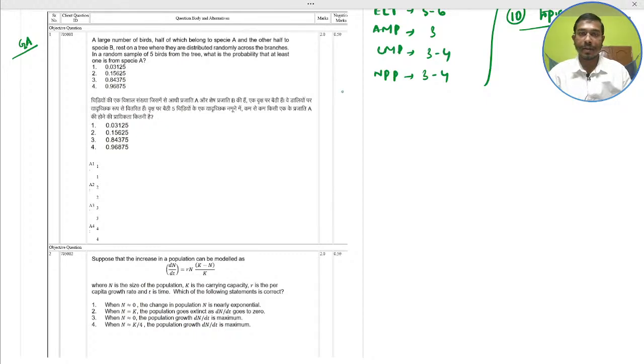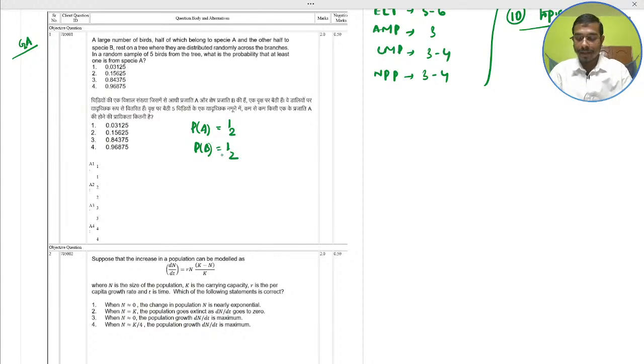So here remember one thing, that half of the birds belong to species A and the other half belong to species B. So P of A, the probability of A, is half, and P of B is half.